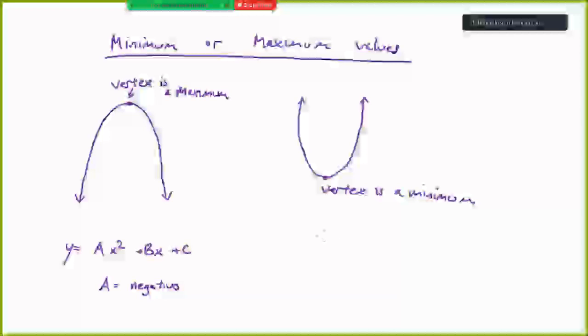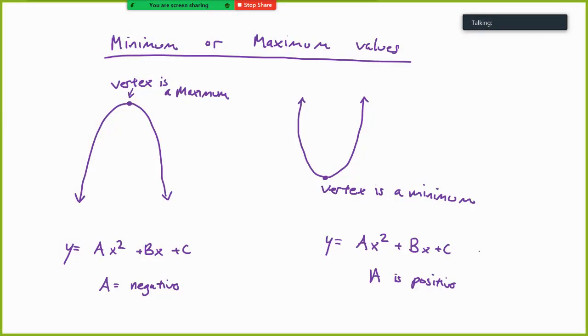Those are the ones we practice with the most. And they're upward facing, and the vertex is a minimum. So here, same generic formula, but a is positive.